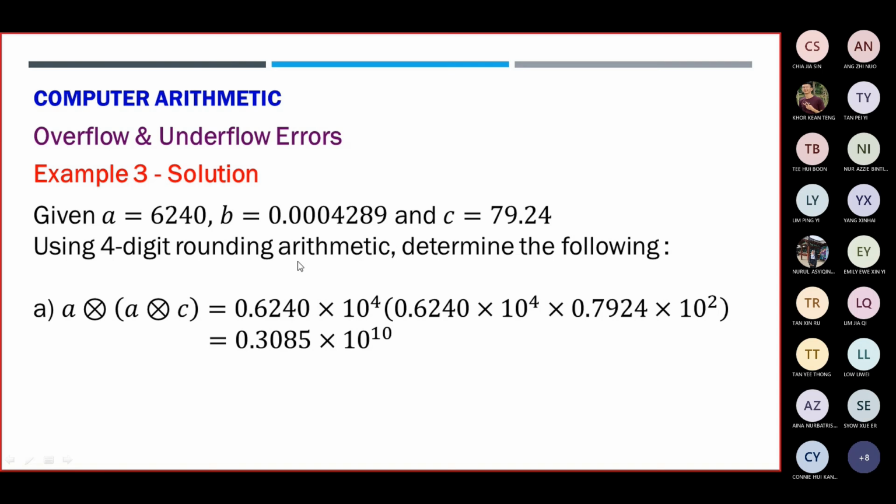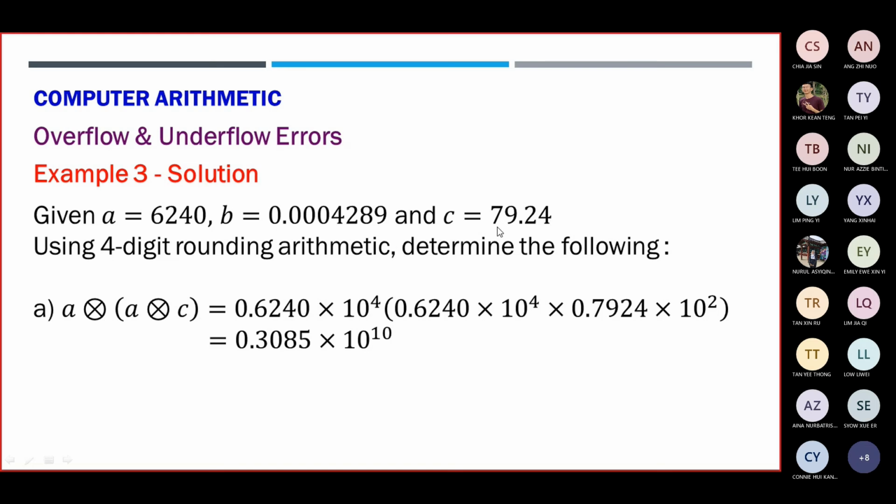As I said earlier, the first step is to take the value A and change it into NDFP form, so it becomes 0.6240 times 10 power of 4. Then multiply, in the bracket, the A value in NDFP form with your C value.